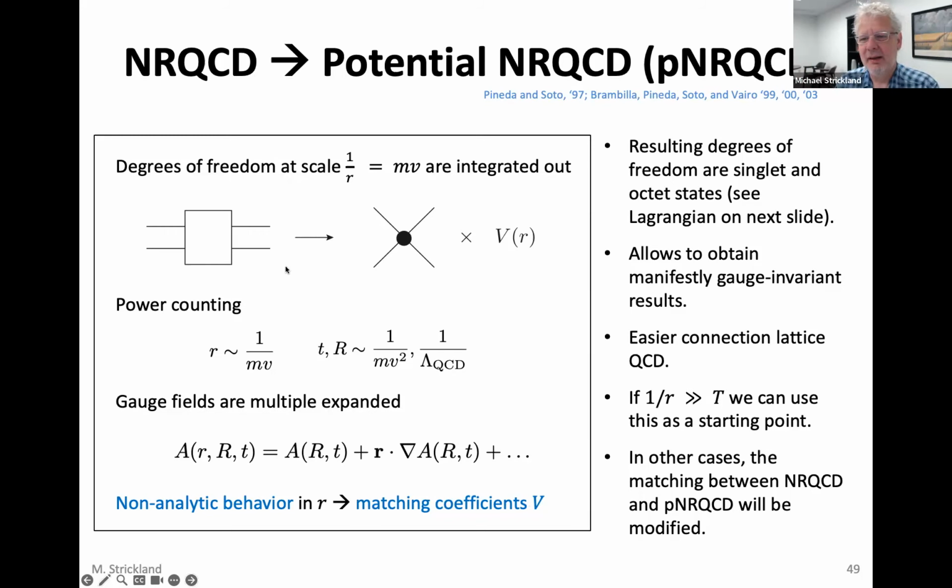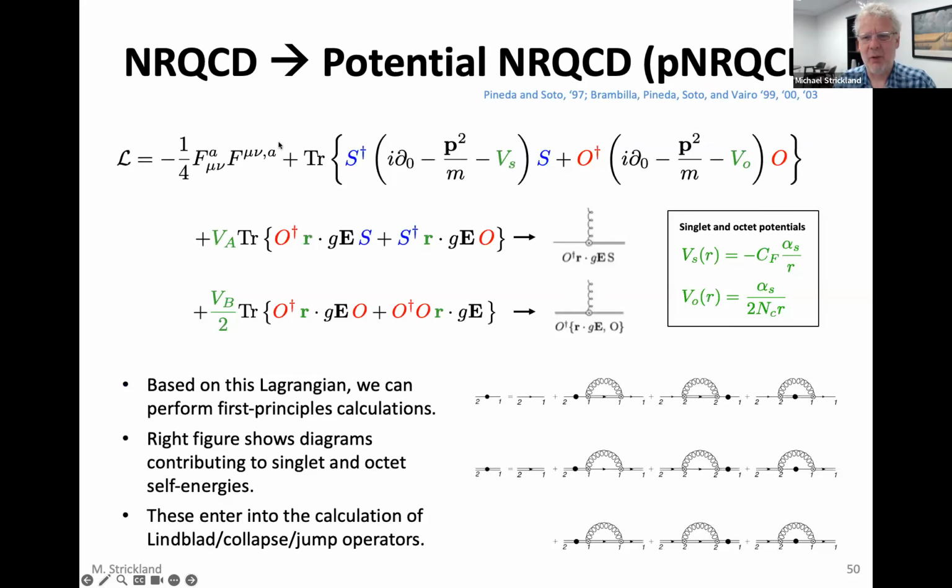And I don't want to go into all the details here, but suffice to say what you end up with is a Lagrangian in the end that looks like this, where you have the gluonic sector here, but then the degrees of freedom that remain are the singlet QQ-bar state, so color anti-color, and the octet QQ-bar state.